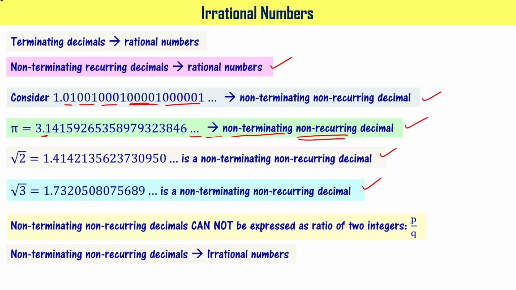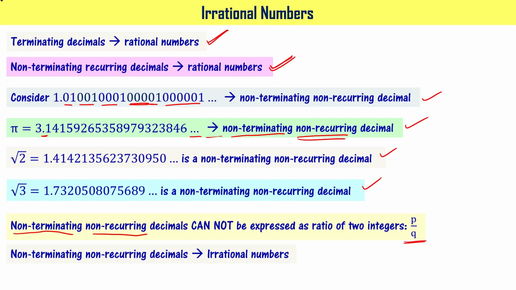We said that whatever numbers which can be represented as ratio of two integers are called rational numbers, right? They are sometimes terminating decimals, sometimes non-terminating but recurring decimals. But when you have a specific case like non-terminating and non-recurring, those decimals cannot be expressed as ratio of two integers p by q.